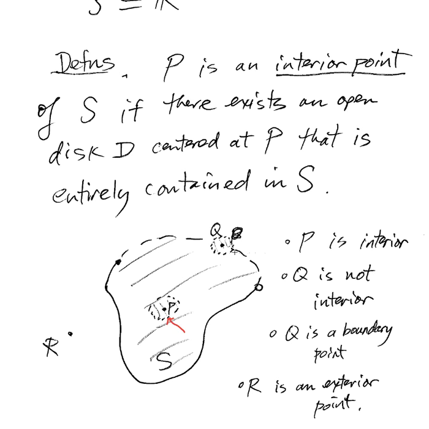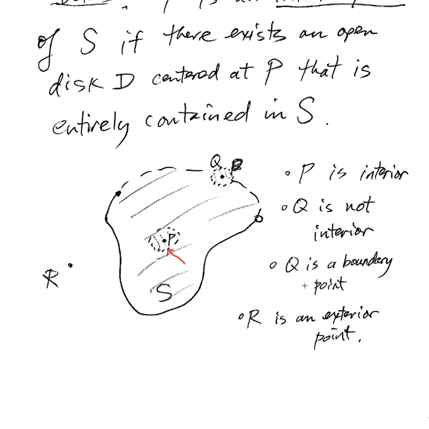By the way, that's exactly the definition of a boundary point. A boundary point has the quality that every open disk centered at that point contains points of the set, in this case S, and of its complement, all the elements that are not in S but are still in the plane. Q is clearly not interior. It is in fact what we call a boundary point by that definition.